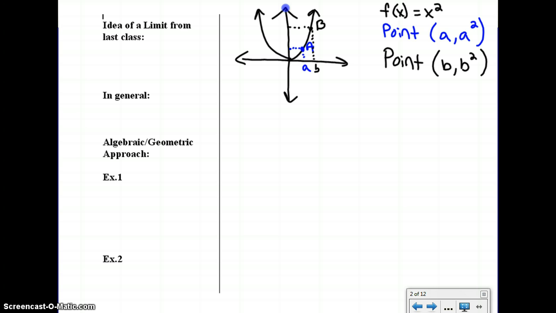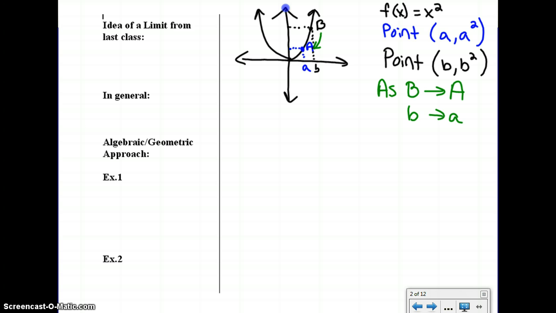What I'm going to say is, well, as b approaches a, as b gets closer to a, then our x value, our little b, also gets closer to little a.